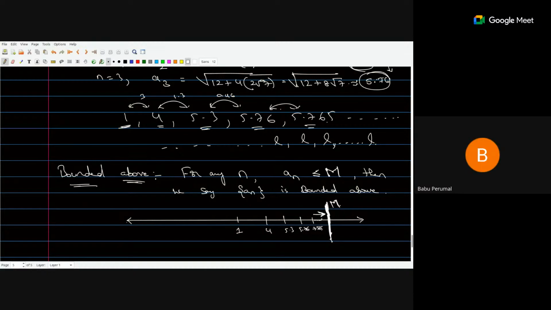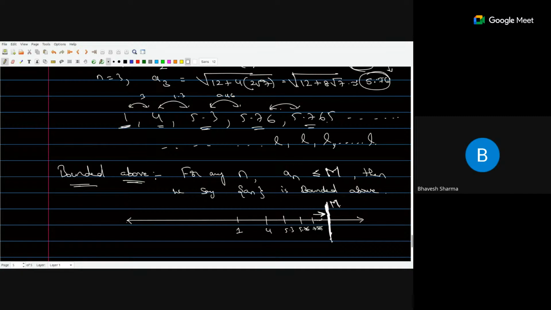But the statement is confusing, sir, because if m is the limit, and all other terms come after the m, then maybe bounded above is no. See, bounded above means there is a value m above the sequence. Sir, like this type of question, how do we get that it is bounded above?